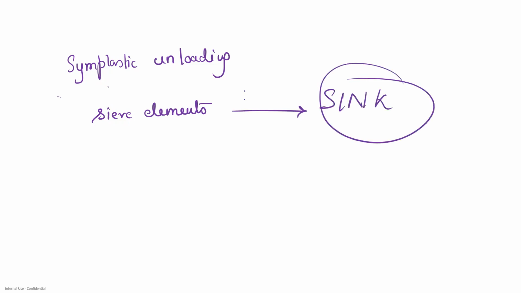So in symplastic unloading, what's happening? Sieve elements are going into the sink via plasmodesmata.